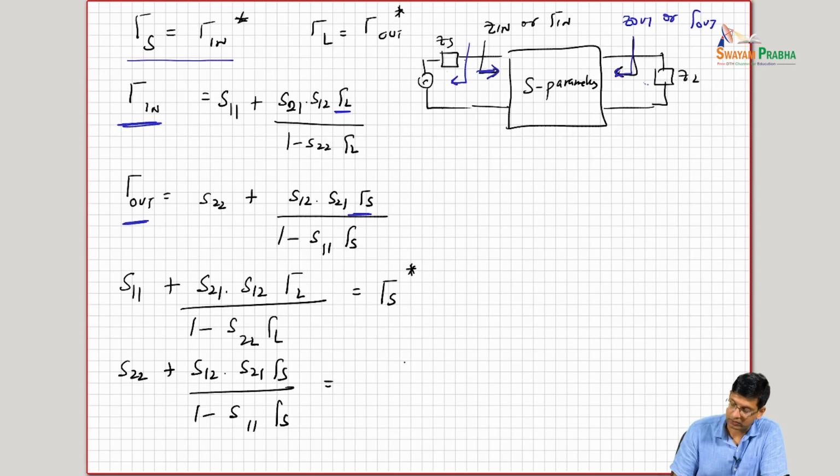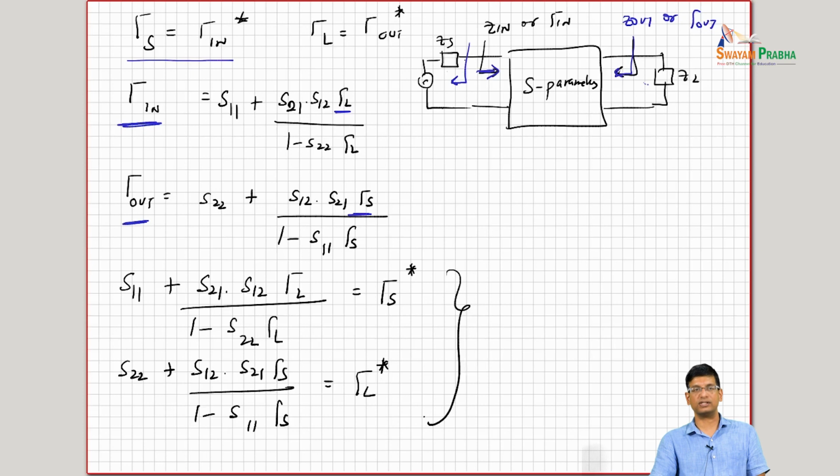So this should be equal to gamma L conjugate. So this is a set of equations in gamma S and gamma L, which you need to solve to find out what source and load impedances will basically give you the best gain in the system.